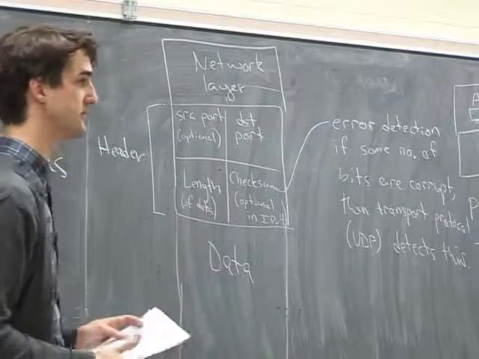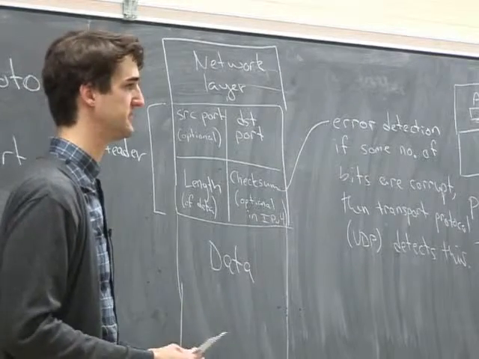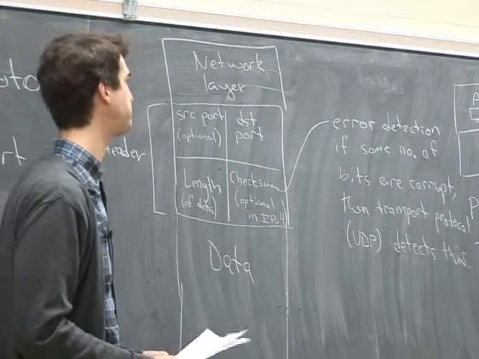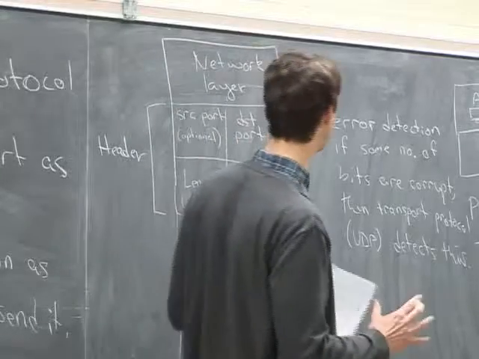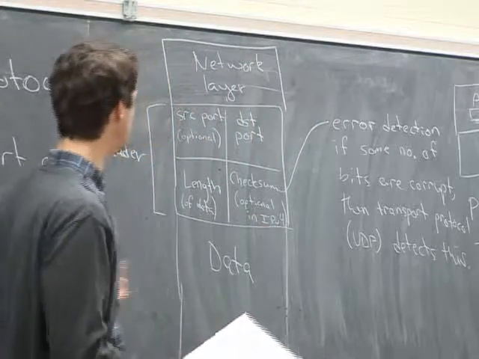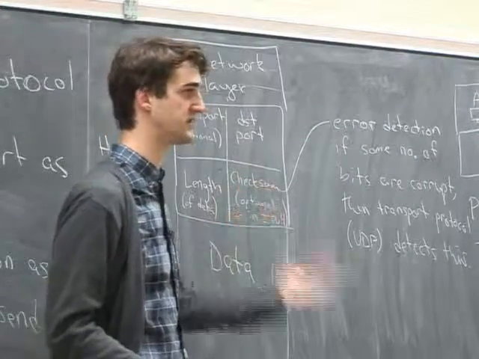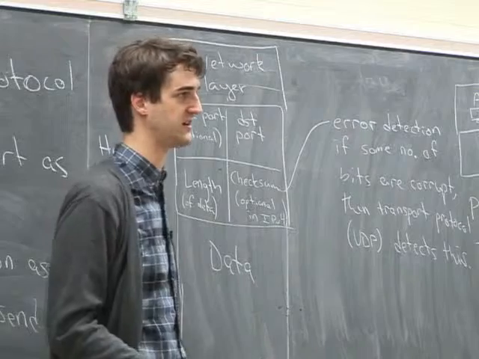Clarence? The fact that there is the checksum, does that mean that there is some sort of reliability? All right, so the question is whether there's some sort of reliability because there's this checksum. No, because in UDP, if it computes that the checksum is wrong, it just drops the packet.